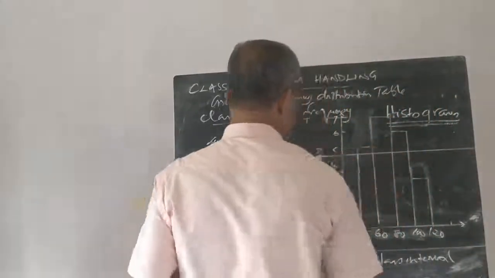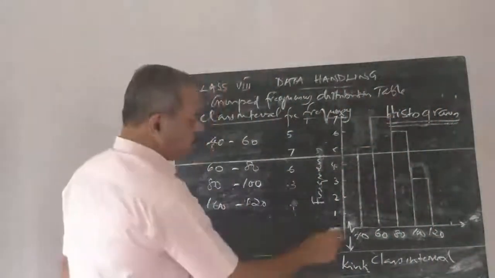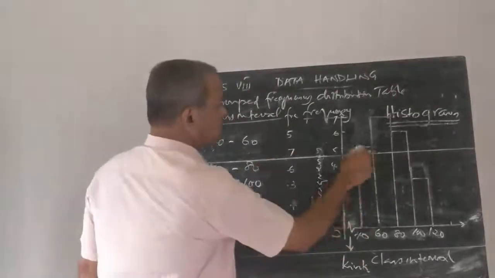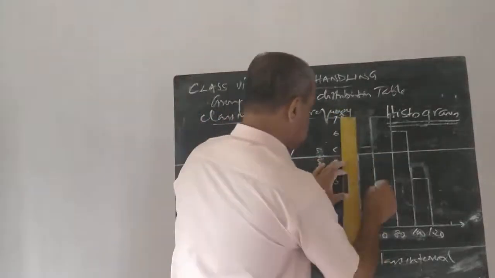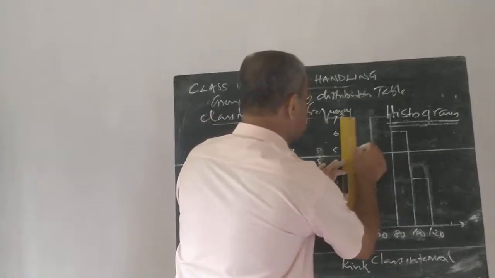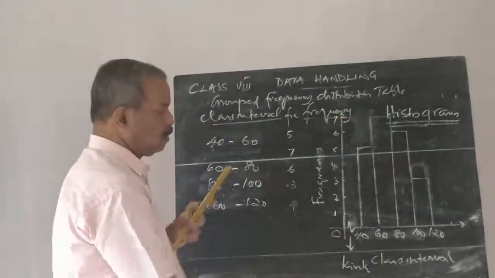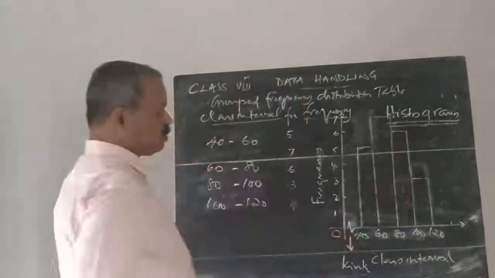So see this graph. Here the graph begins with 40 to 60. This is also a histogram.